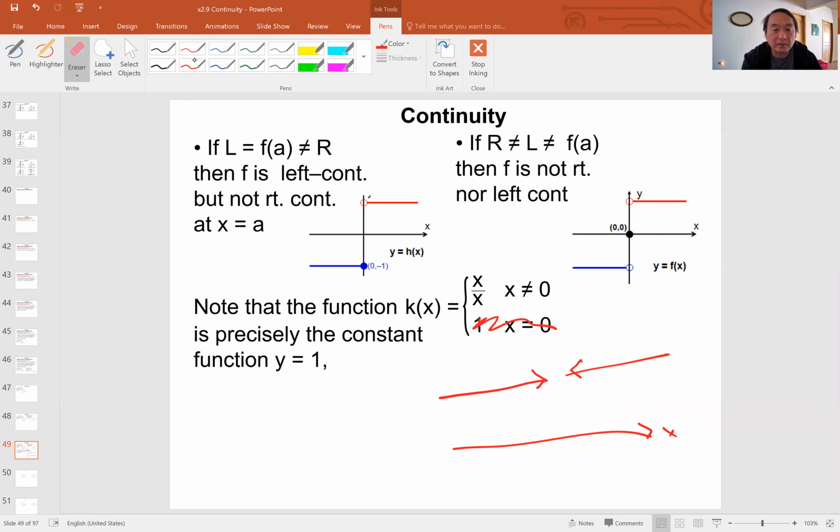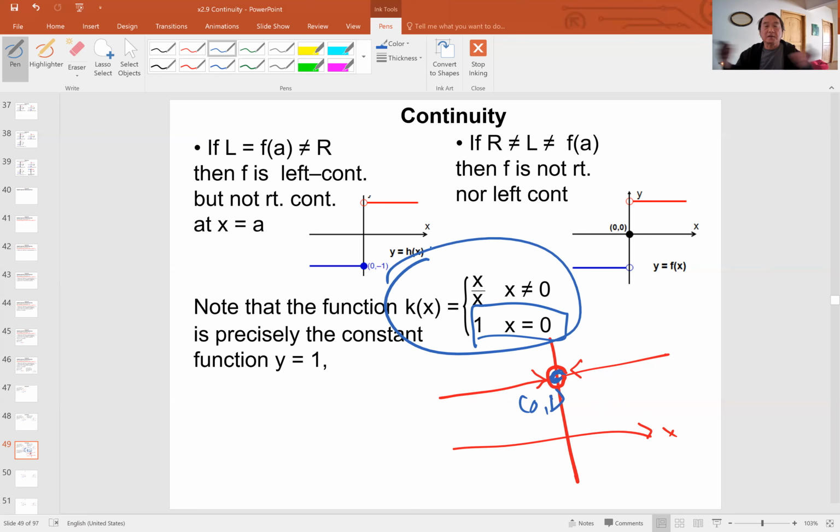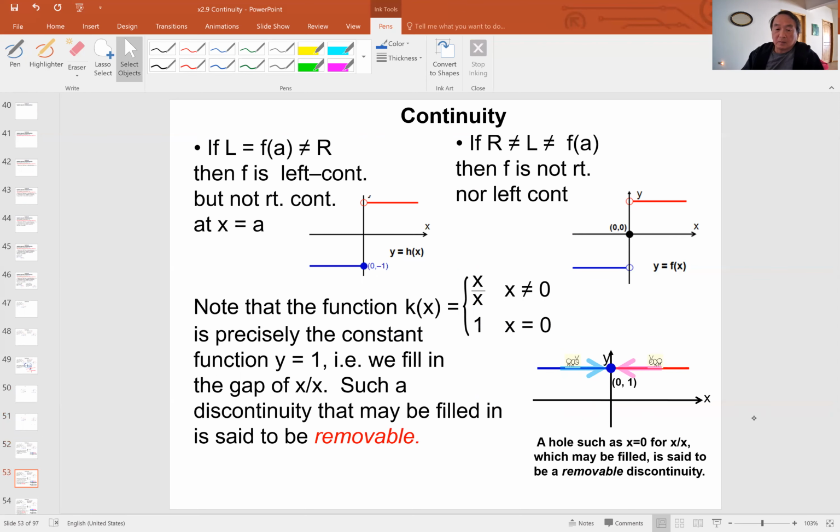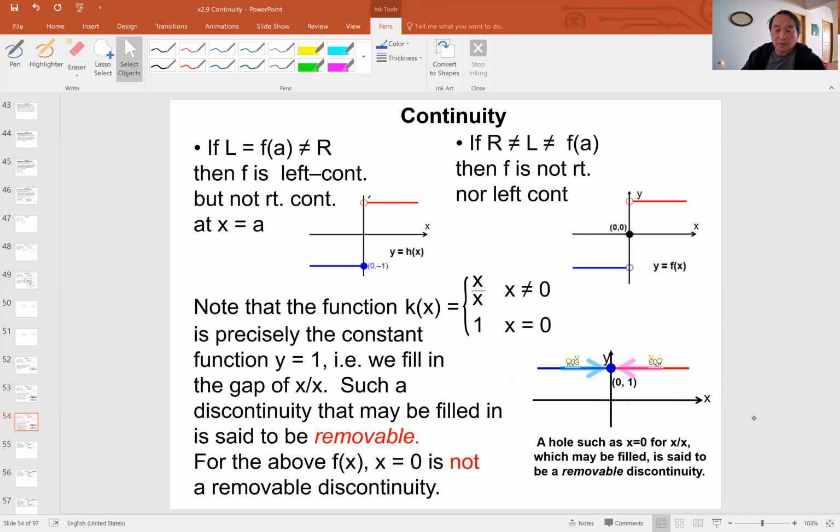So this type of broken line where you can fill in an empty point to make the line continuous, we call this type of point a removable discontinuity. A function like x over x, 0 is removable. How? By defining the value at x equal to 0 to be 1. If I do that, then the point (0, 1) is part of this graph, and the graph is continuous. In the picture, that's what we're doing here.